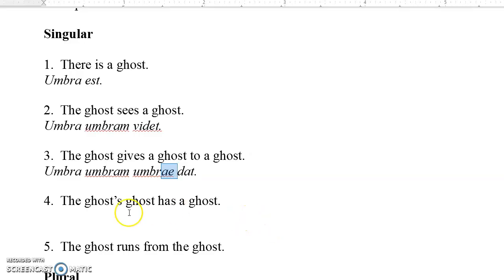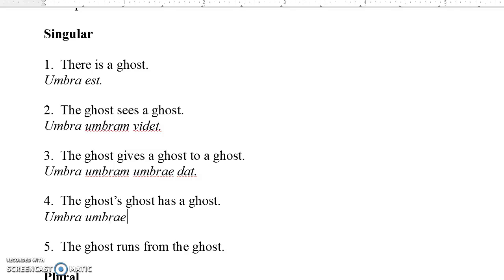Let's take a look at another example here, again, kind of our same vocabulary. Here we have the ghost has a ghost. Again, kind of an almost not ungrammatical, but kind of a funny sounding sentence, but it works for us, right? So we have the ghost, right? So here, oops, let me put it in italics for us here. So we have umbra, umbrae, and I'll explain the endings in a moment, right?